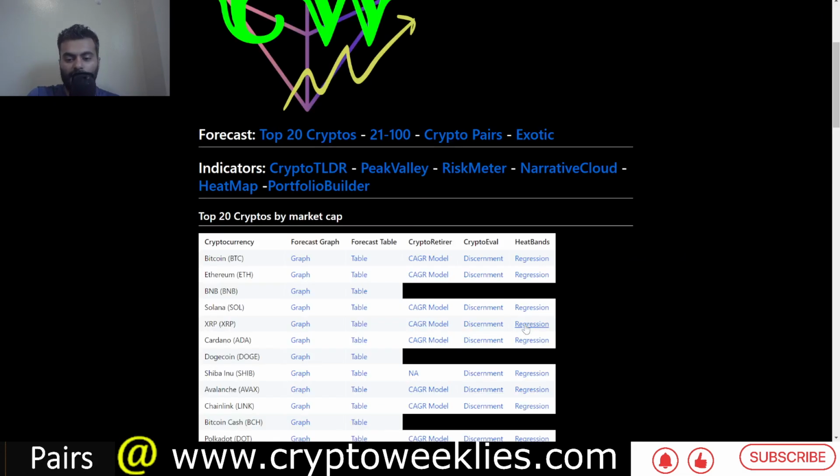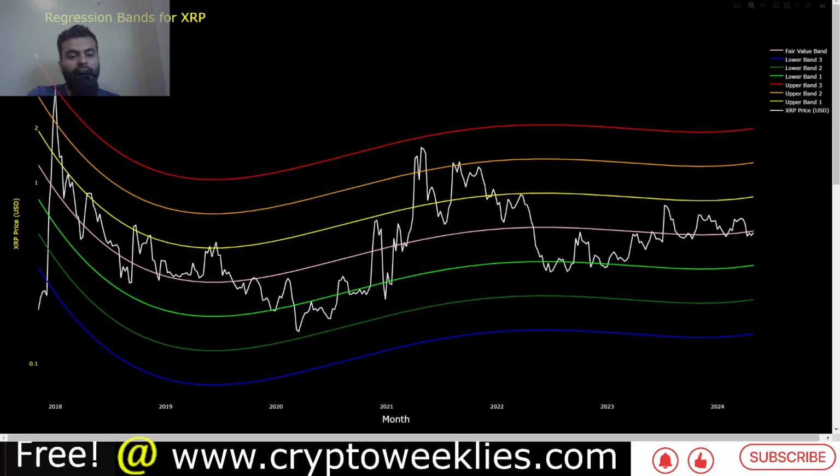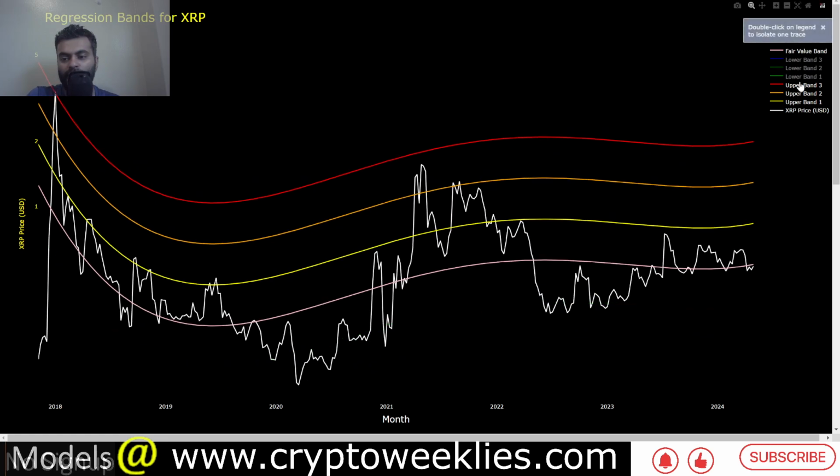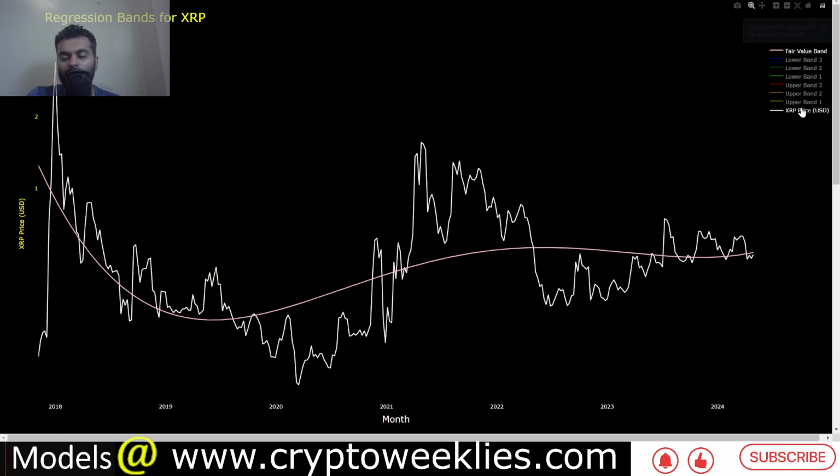And last is the heat band for XRP. This is the polynomial regression function, the line in pink, that is the fair value band. I will get rid of the other bands; the idea is wrapping 1 standard deviation, 2 standard deviation, 3 standard deviation around the fair value. So this is the polynomial regression function wrapped around XRP's price action at a daily level.